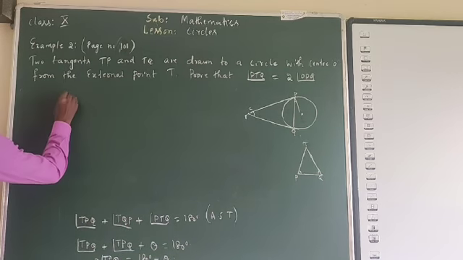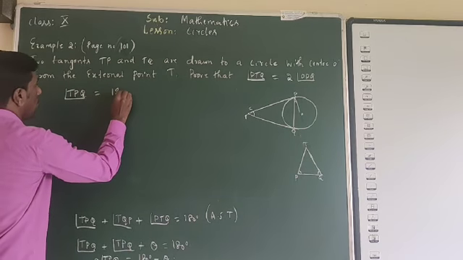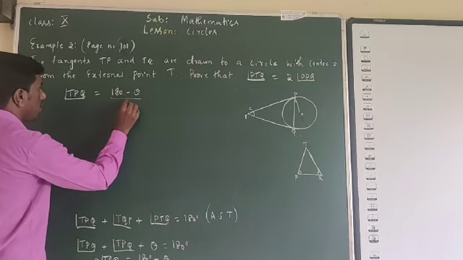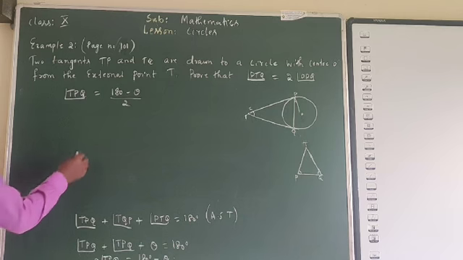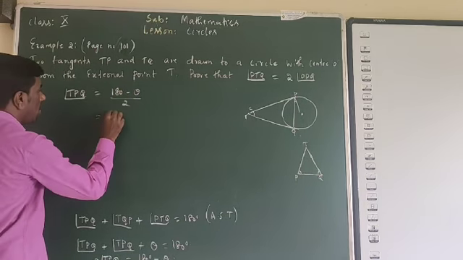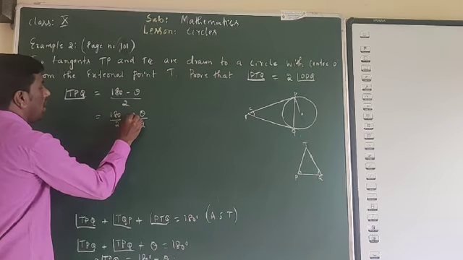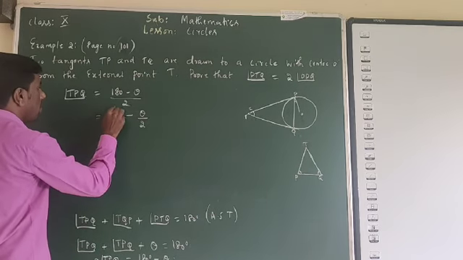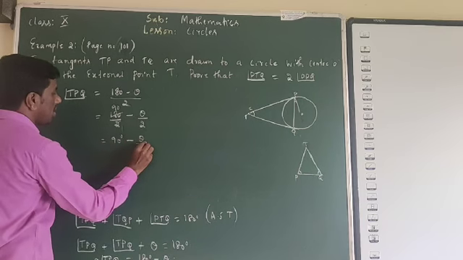So angle TPQ is equal to 180 degrees minus theta, all divided by 2. We'll split the denominator 2 for both the terms: 180 degrees divided by 2 minus theta by 2. I have split the denominator for both the values. So 2 ones are 2, 2 nineties are 180. So this is 90 degrees minus theta by 2.